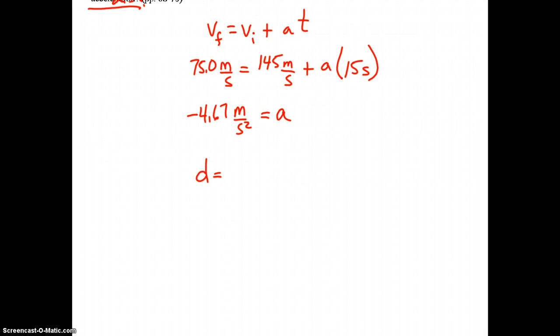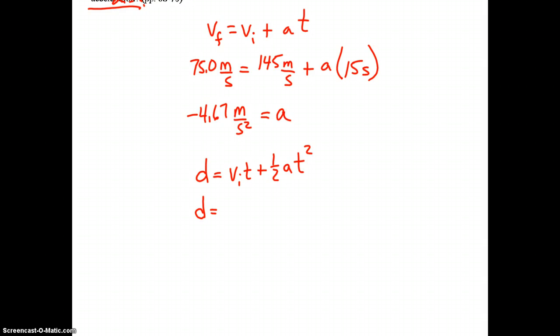Now we can use any choice of motion equation that has A in it. I think any one of them would work to find the distance. Probably the easiest one would be D equals VIT plus 1/2 AT squared. Our negative acceleration makes sense because clearly the plane is slowing down, so it should have negative acceleration.